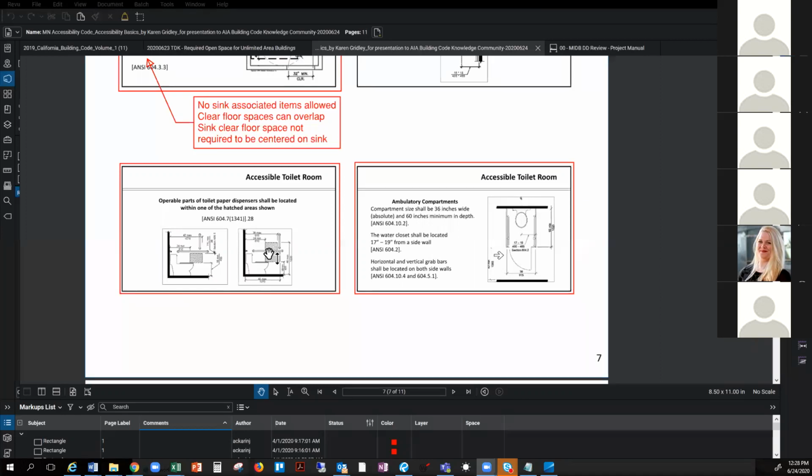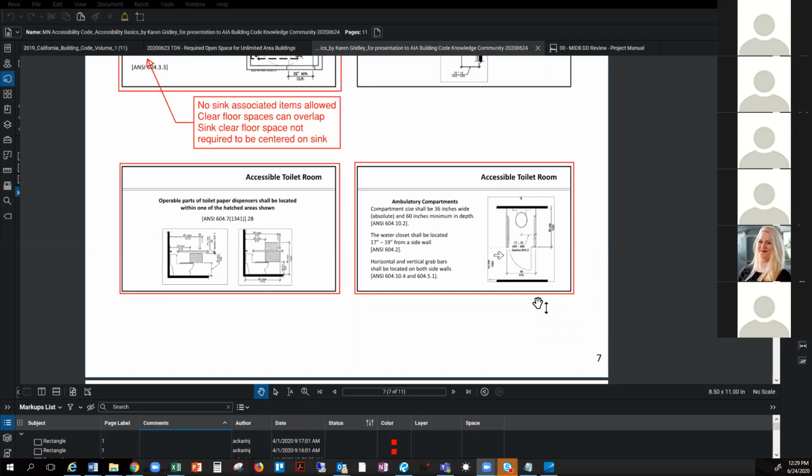Now, from a design standpoint, you may not want to go overboard on this, but as far as what's happening below the grab bar, as long as your reaches are all being met, you should be fine with various types of paper towel dispensers or toilet dispensers. So know that there is that provision in there that gives you that latitude and some flexibility in how you design your space.